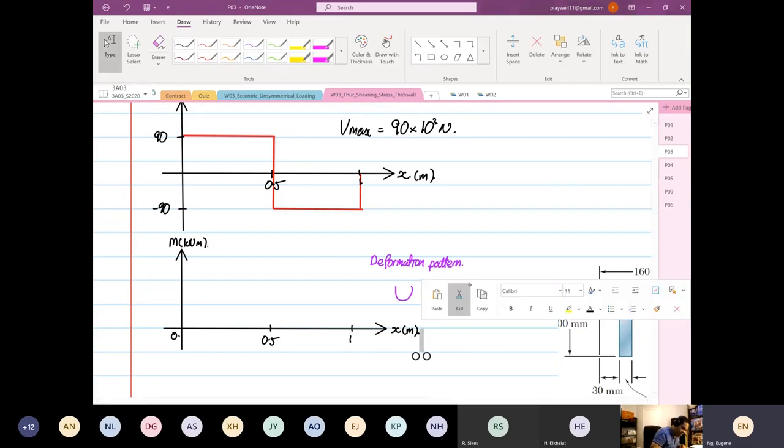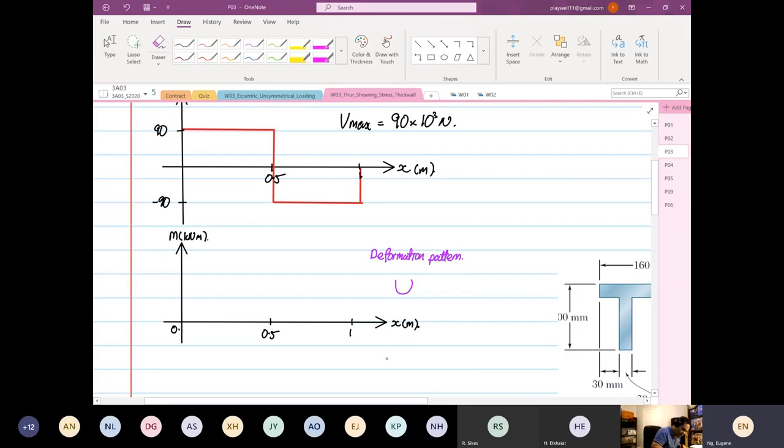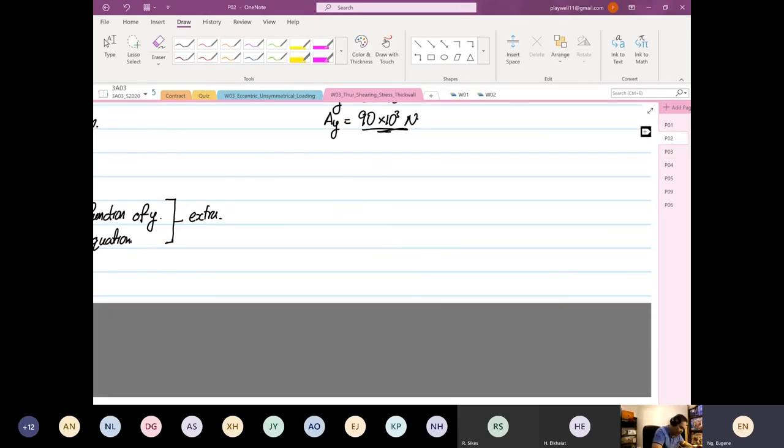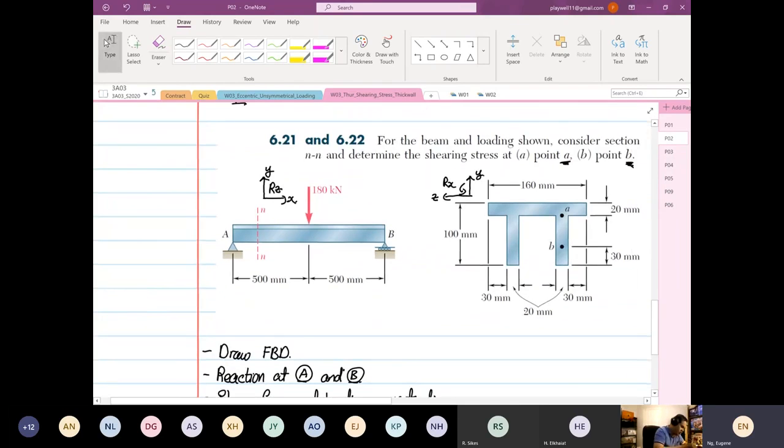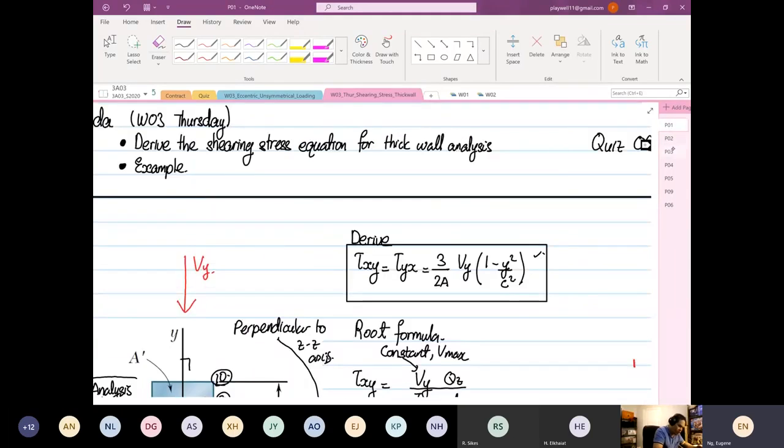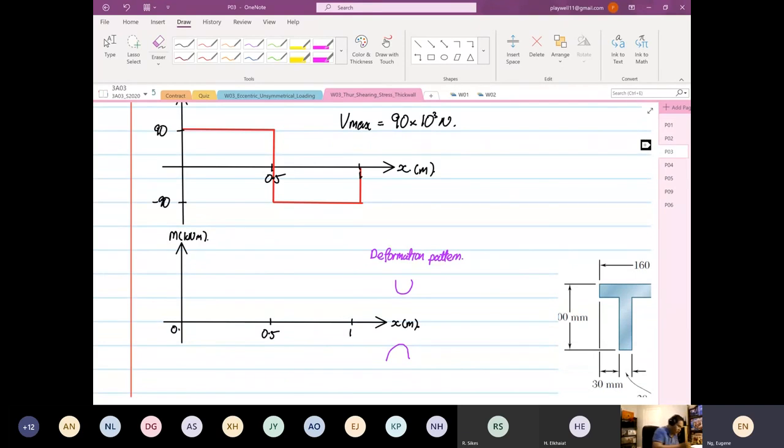When it's negative, the bending moment is going to give a sad face deformation pattern. Yes or no? That is how the structure deforms elastically. So if you see over here, based on how our structure is loaded, our structure is going to deform in this way. Yes or no? That's why we only focus on the positive and not on the negative.